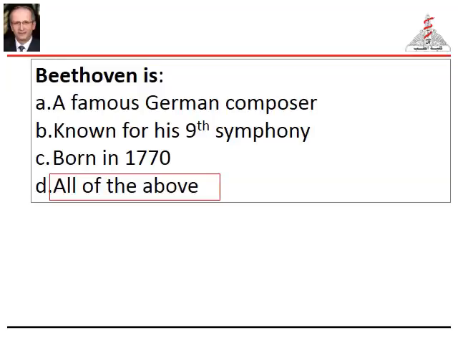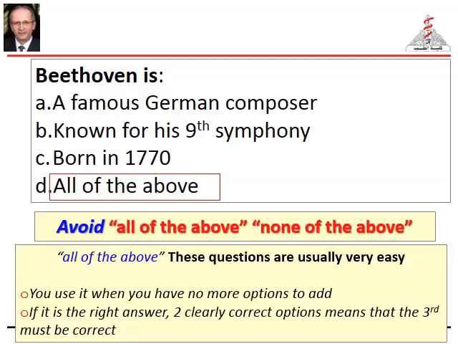Even if you don't know that Beethoven was born in 1770, just by knowing that he is German and he composed the famous Ninth Symphony, you will choose all of the above. So please, avoid using all of the above and never use it as a correct answer. Please avoid using none of the above as well. It's a little bit tricky, but it can easily confuse clever students if the options are not written very precisely.